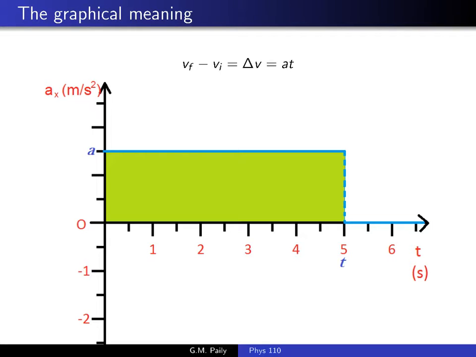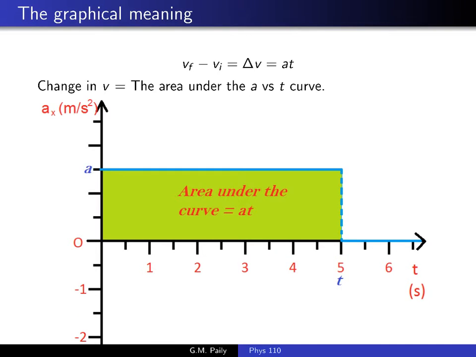Notice that the acceleration has value a, and the length of time for which there's an acceleration is t, here in blue, a and t, and this green area is the area of the rectangle. Since it has a height of a and a base of t, the area would be a times t. But we know that the change in v, that is delta v, is the area under the a versus t curve.